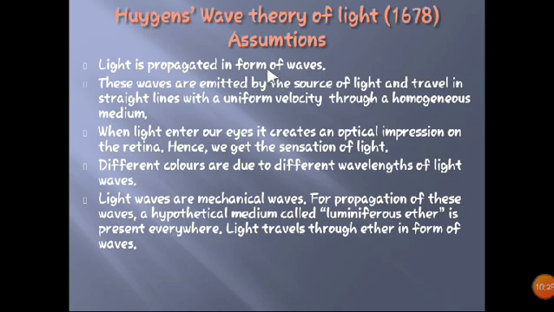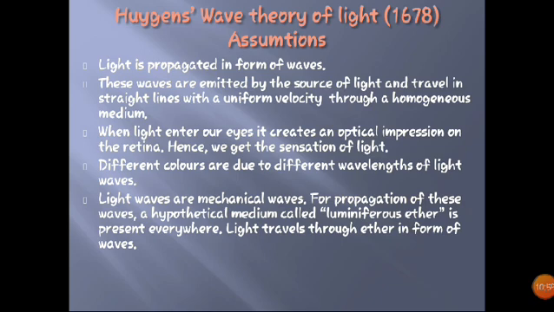First, light propagates in the form of waves. Newton said that light is in the form of particles, and Huygens discovered that light is propagated in the form of waves, and these waves are emitted by the source of light and travel in straight lines. The major difference is that Newton considered light as a particle and Huygens considered light as a wave.